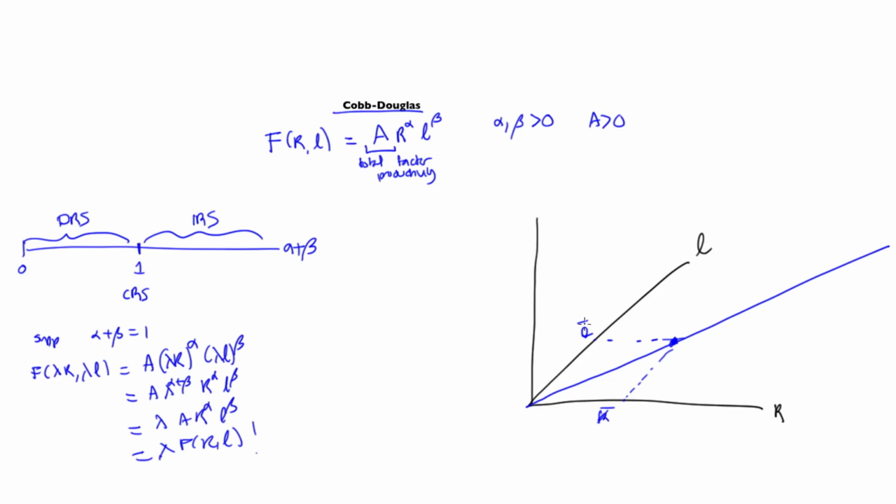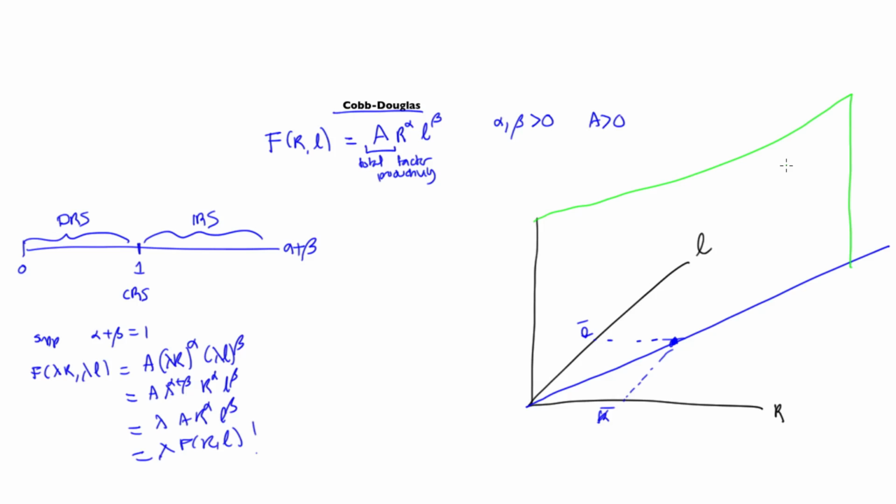Okay. Now, the idea is that we can then look at the plane that is above that ray, a plane that looks like this. We can ask, what does the function look like on that plane?